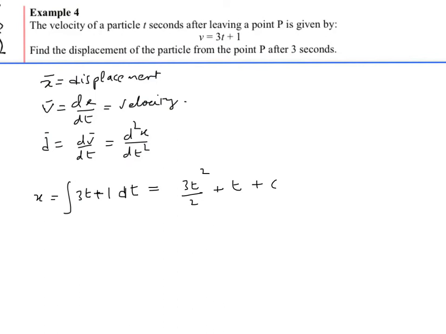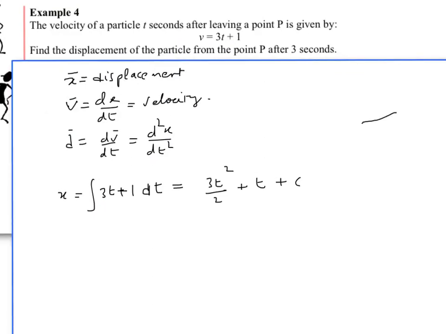Now we need to find the displacement of the particle from point P after 3 seconds. So let's put in a value for t as 3. Now maybe before we do that, we need to sort out this constant of integration over here, this c. And one of the things we know is that the particle passes through P when t equals 0.